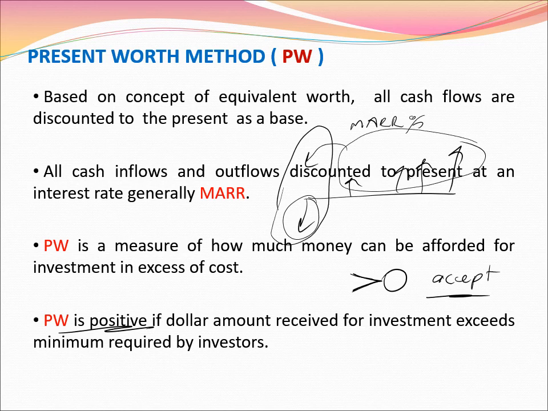Otherwise, if present worth is less than 0, it doesn't mean that you are losing money. It means that you are earning less than MARR. Of course, you may be losing, but we don't know if you are losing or not. But definitely, we know that you are earning less than the minimum attractive rate of return.